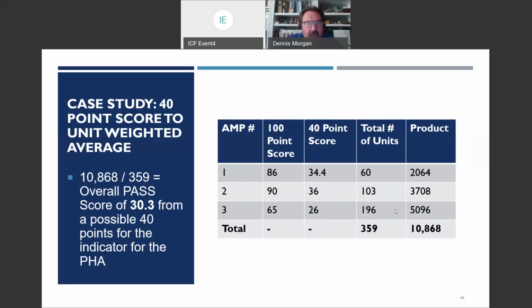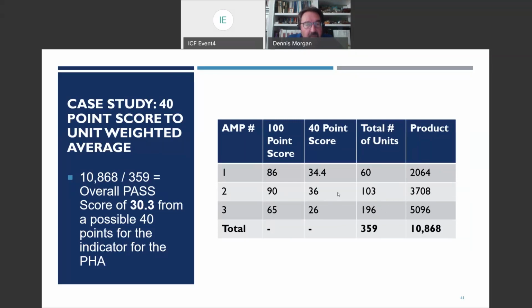Which one of the AMPs had the highest weight? Which one of the AMPs had the highest impact on the agency? Well, AMP number 3. AMP number 3 was 196 units. It was half or more than half of your dwelling units in that particular scoring system, and it had the higher impact.